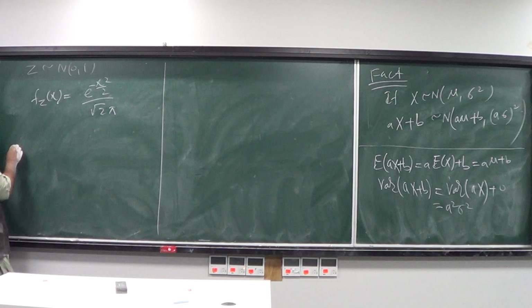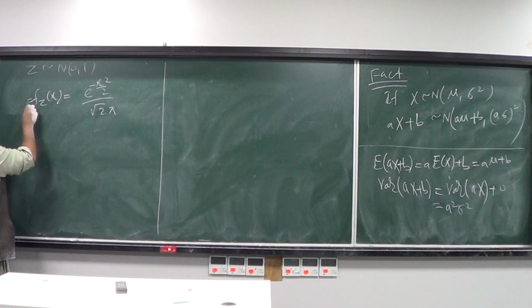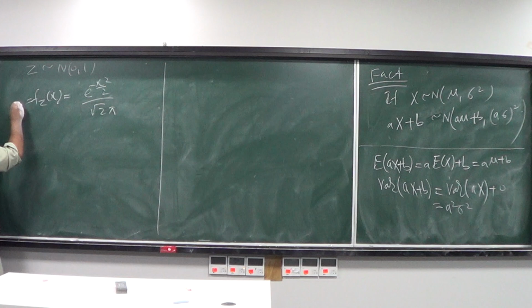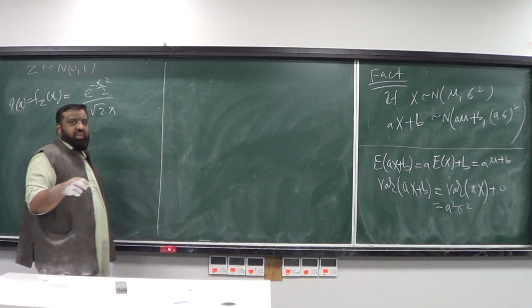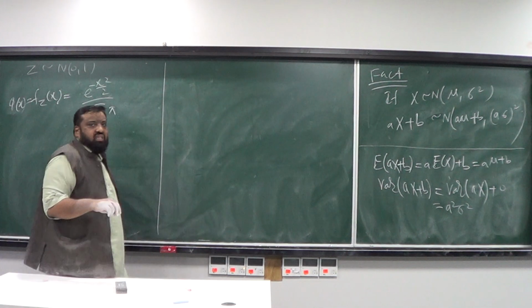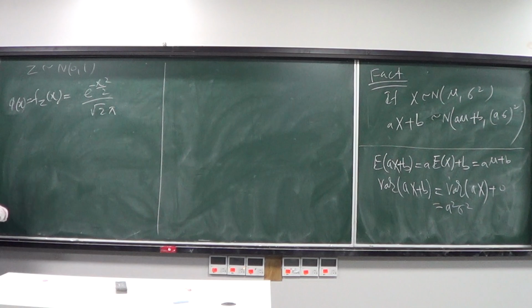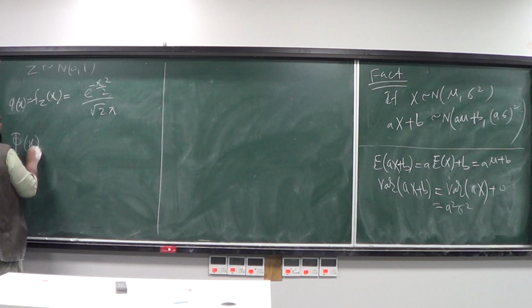Now, what is the CDF of a standard normal distribution? By the way, usually the standard normal PDF is also represented by small phi of x. We also write it as small phi of x. And the CDF of the standard normal distribution is going to be capital phi of x.